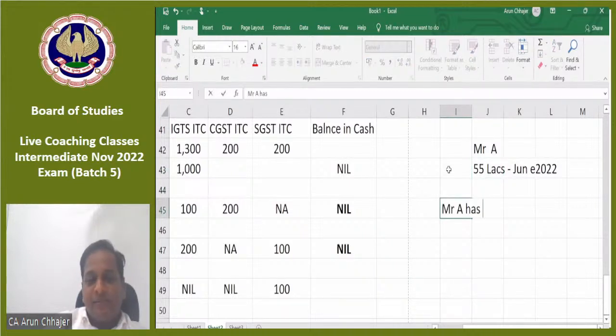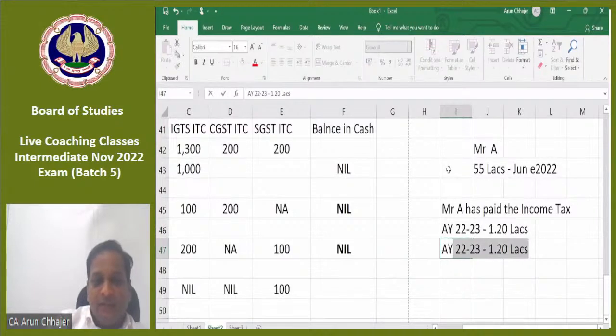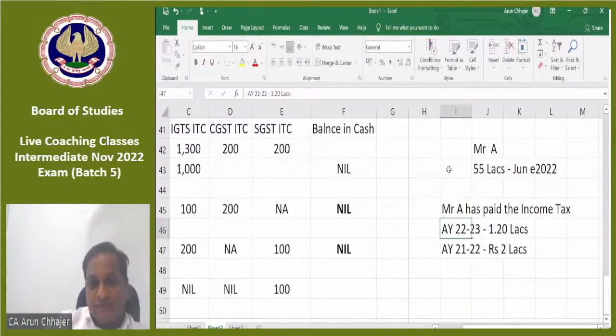Mr. A has paid income tax in assessment year 22-23 of 1.20 lakhs, in assessment year 21-22, let's say 2 lakhs, and in assessment year 20-21, let's say 80,000.